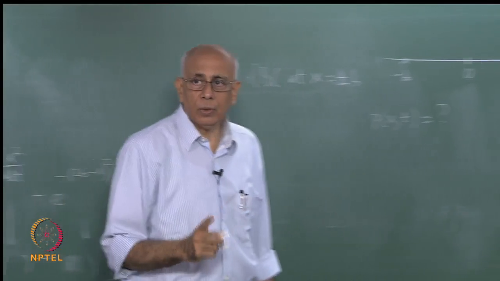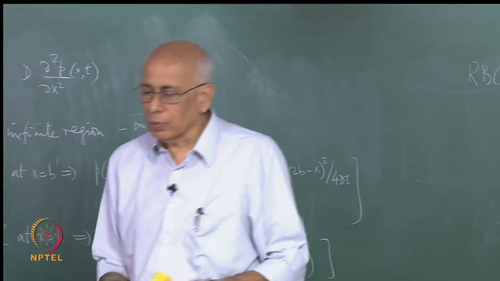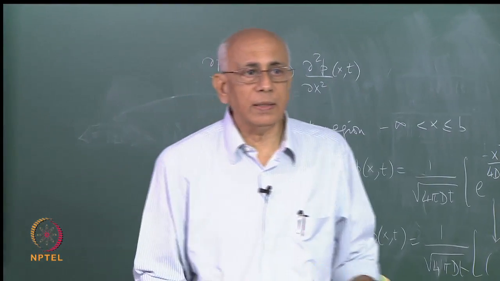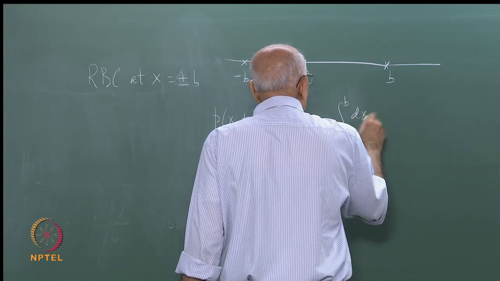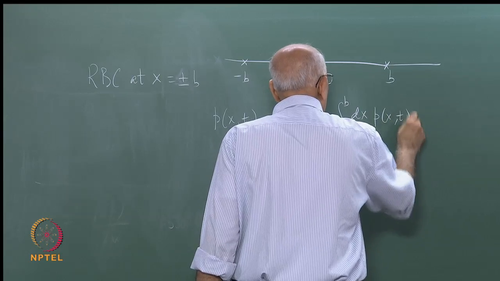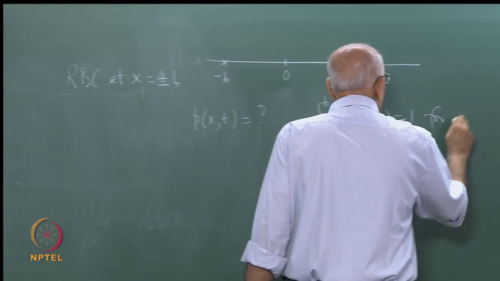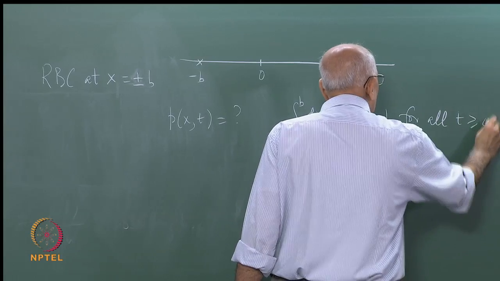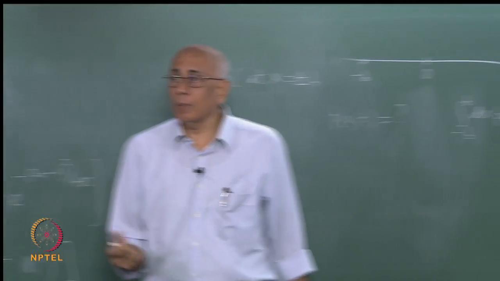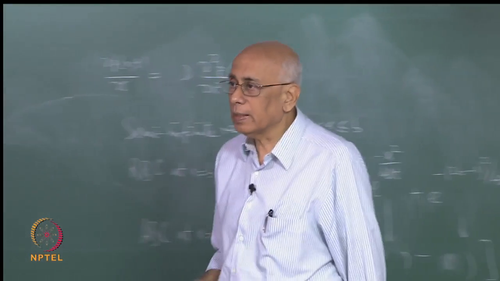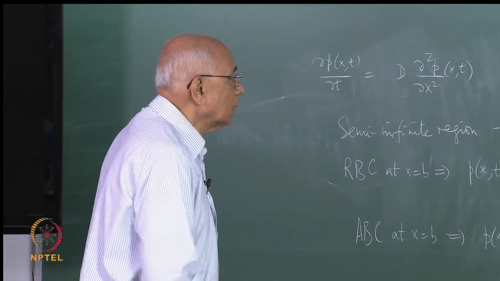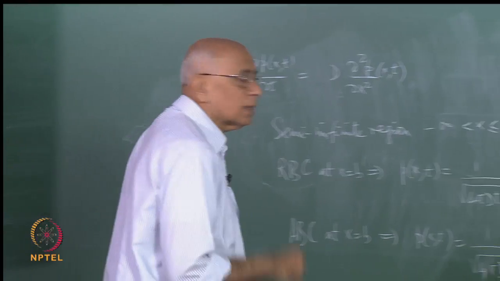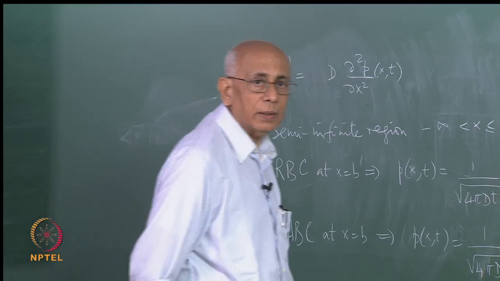One thing we know for sure, since the diffusing particle does not disappear at all, stays inside, is that the integral from minus B to B dx p of x comma t equals 1 for all t greater than or equal to 0. So it is normalized; this probability density must remain normalized at all times inside, no matter how large t is.